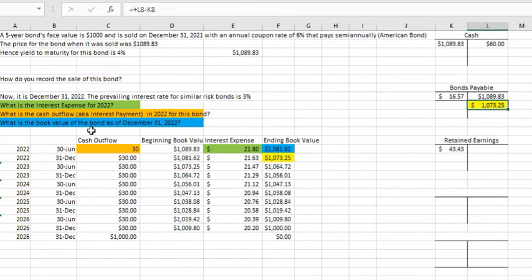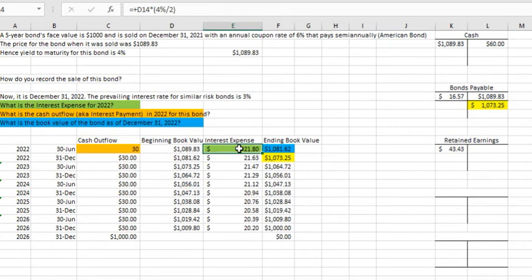So to answer the question, the book value of the bond at the end of December 31st, 2022 is $1,073.25. The interest expense for 2022 is the sum of two halves, so we have these two, and the cash outflow, also known as interest payment, is going to be $60 for these bonds.